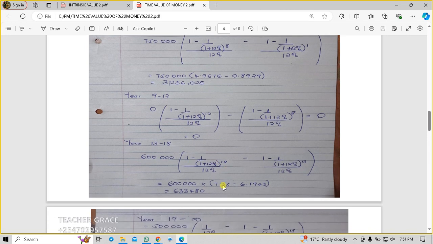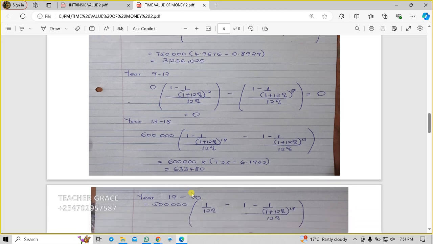First part 7.25. Second part 6.1942. Subtract the two, then you multiply by 600,000. You're supposed to get 633,480.